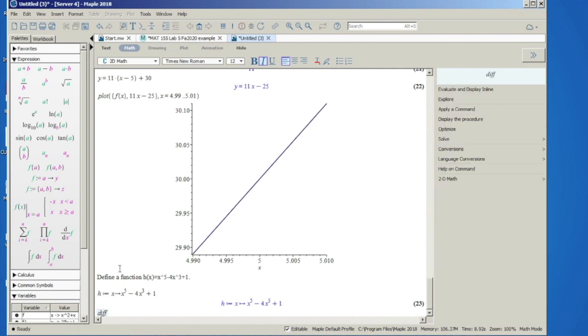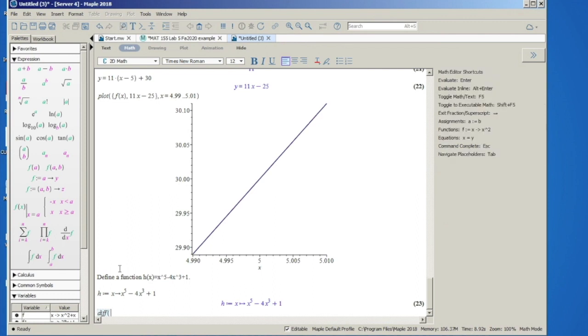To take derivatives, all you have to do is type diff, open parentheses, and then the expression that you want to differentiate and the variable that you want to differentiate with respect to.